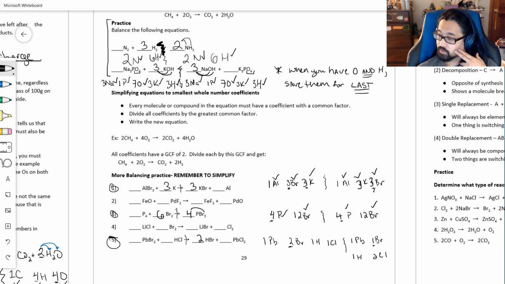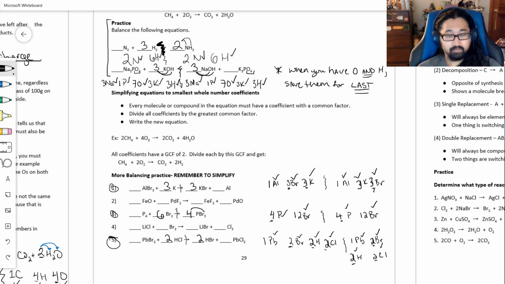If I put a 2 here, that fixes this. It also changes hydrogen. So now I need to fix hydrogen. So I'll put a 2 here. That changes that. It also changes chlorine. But if I look, that's already all set. So I have everything ready and done.